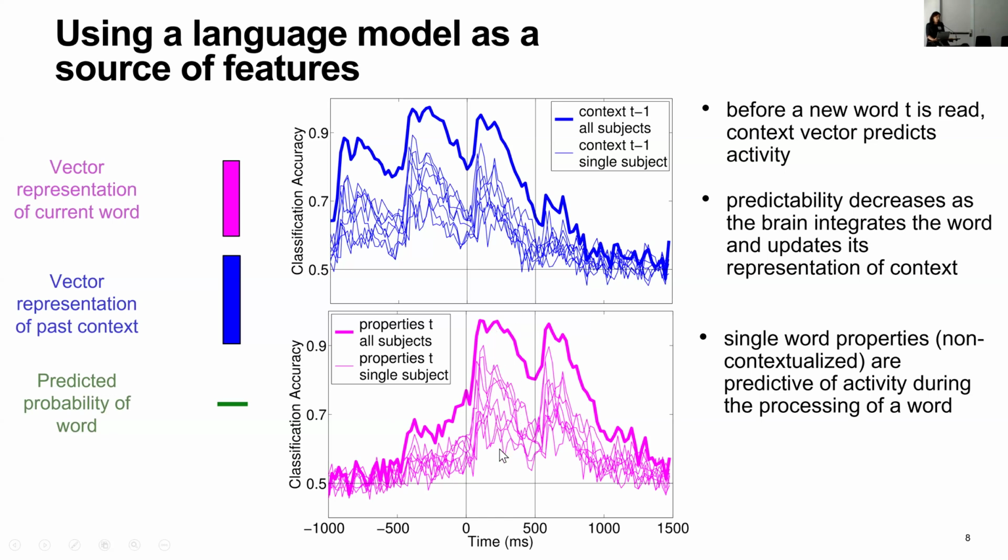And we're predicting activity very well when the word is on the screen, but also when the next word is on the screen, indicating that probably the brain is still processing the word that appears here at time 0 when the next word is being read. And so it was exciting to see how well you could predict MEG activity and how related the representations in the neural network are to the ones that we're capturing with brain activity.